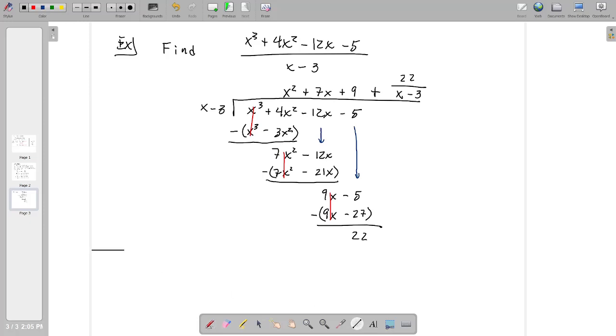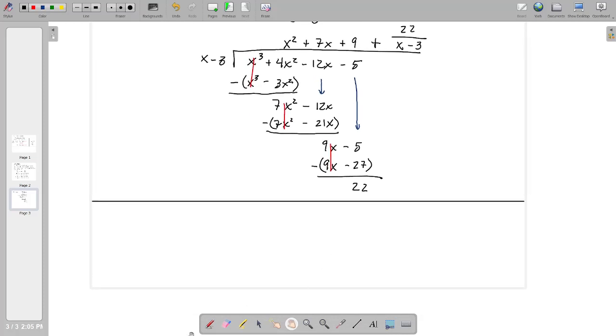So what we would say here, if we wrote it in the form of the division algorithm, we would say that x cubed plus 4x squared minus 12x minus 5 divided by x minus 3 is equal to x squared plus 7x plus 9 plus 22 over x minus 3. And that would be it. That's as far as we can go.